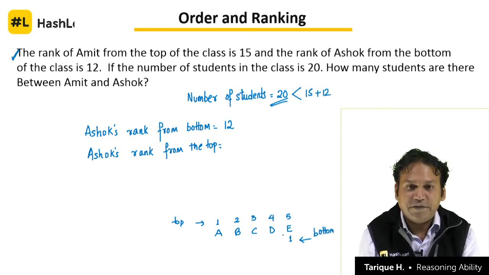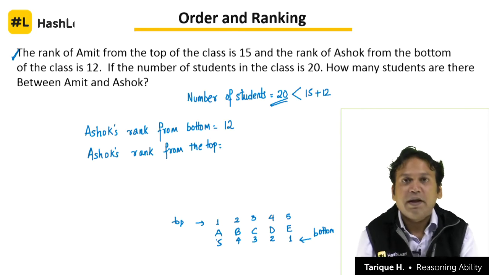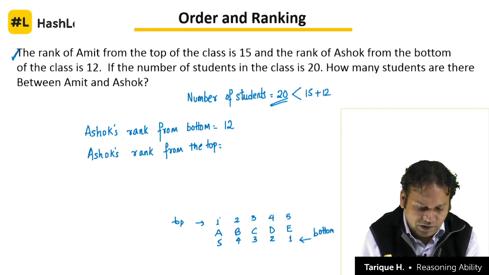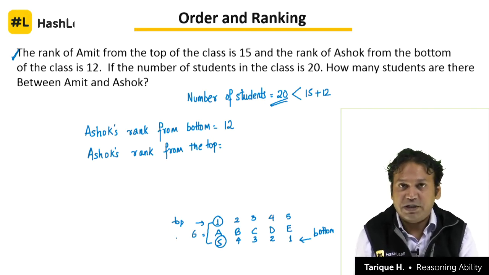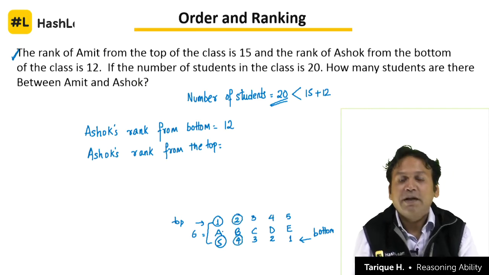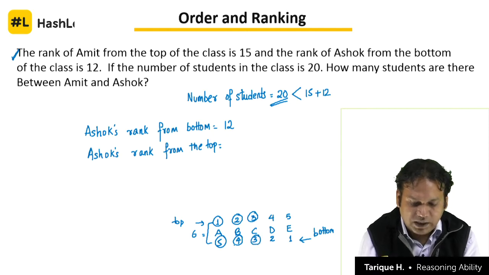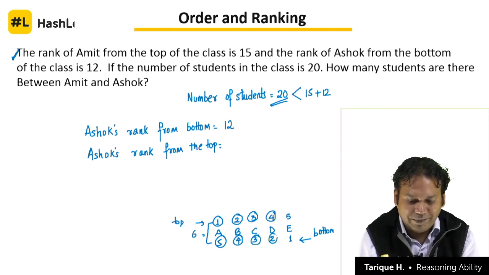So, E is in the first rank, D in the second, C third, B fourth and A fifth. When you add them, you see 1 plus 5 is equal to how much? 6. There are 5 students, but 1 plus 5 equal to 6. Similarly, 2 plus 4 is equal to how much? That is also 6.